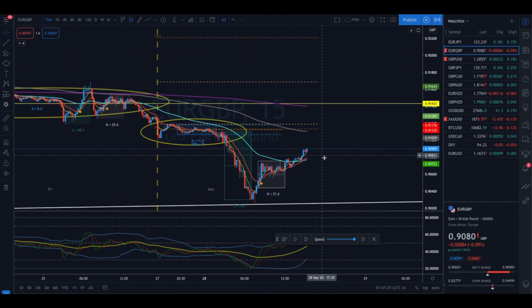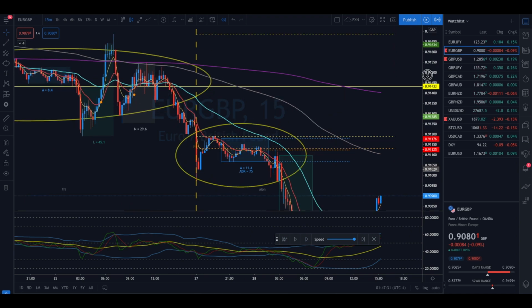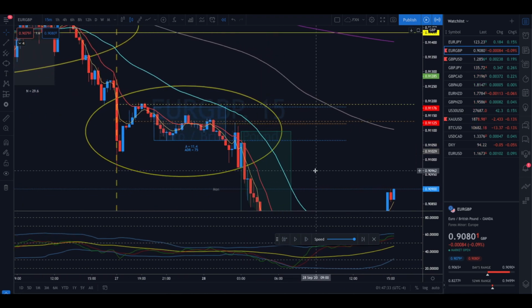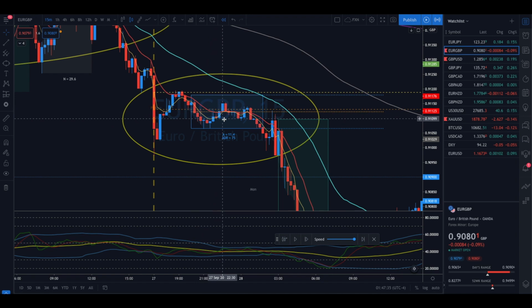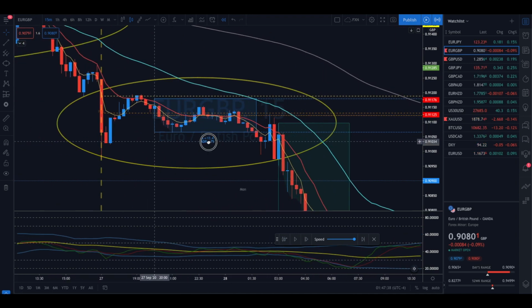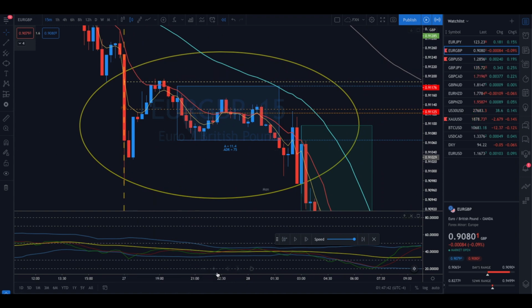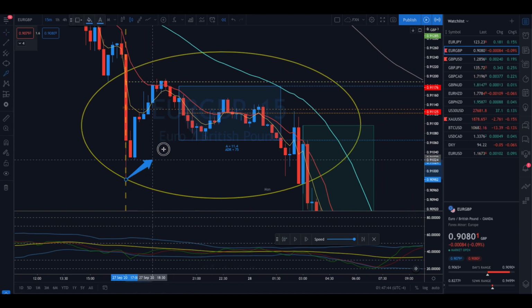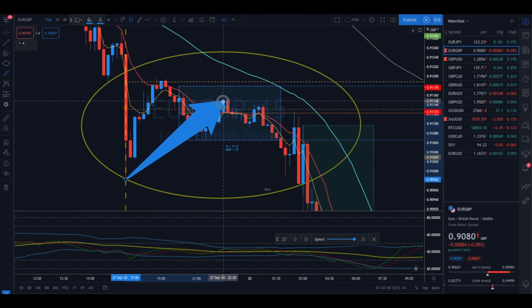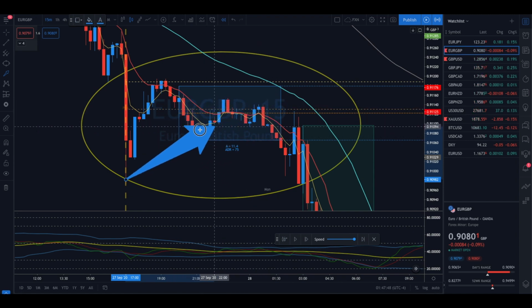All right, and essentially that's what we end up getting here. So what is the setup here? You can see that based on how price is going, we're going to have a type 3 setup that is coming and getting stuck in the middle of the range. So that's one thing that you can look for.